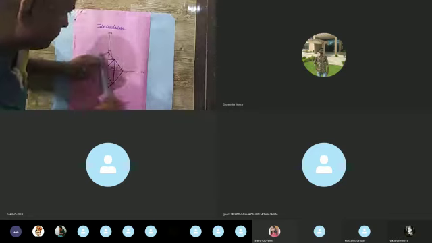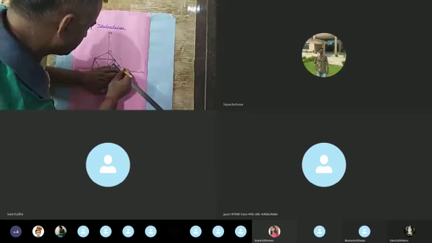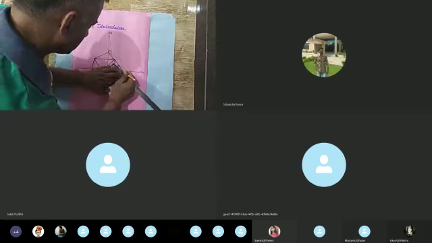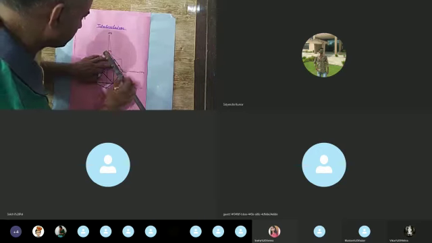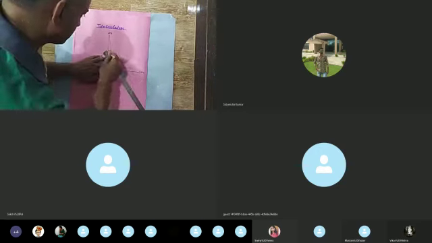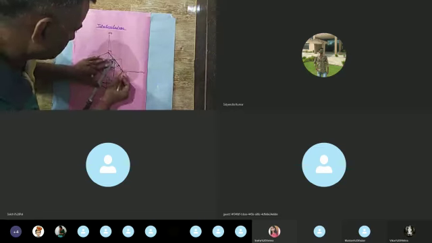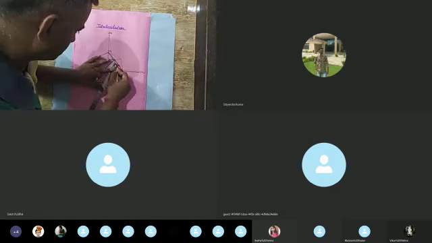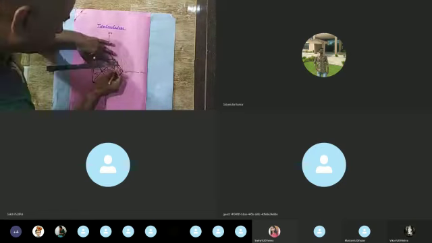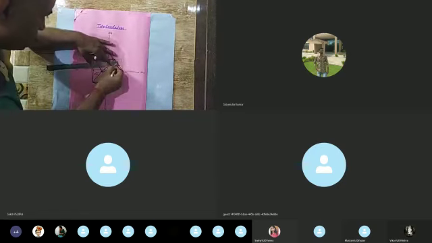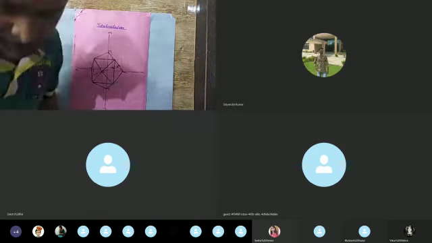This is plus A2, this is minus A3, this is plus A3, and this is minus A2. So we will get another 4 intersection points.